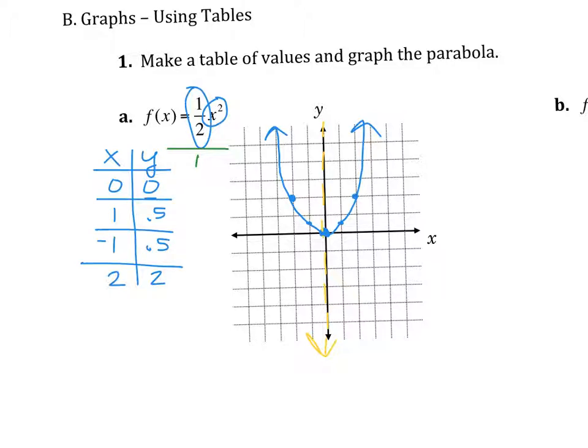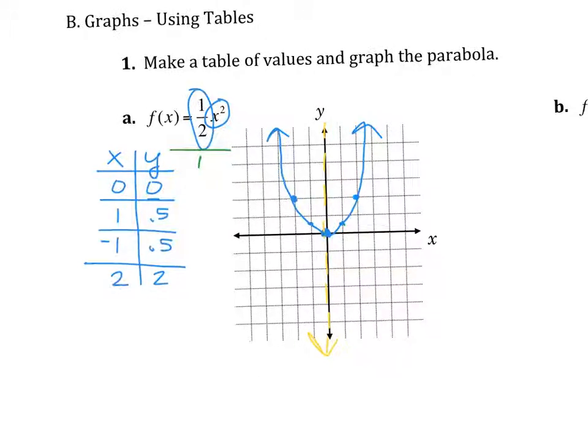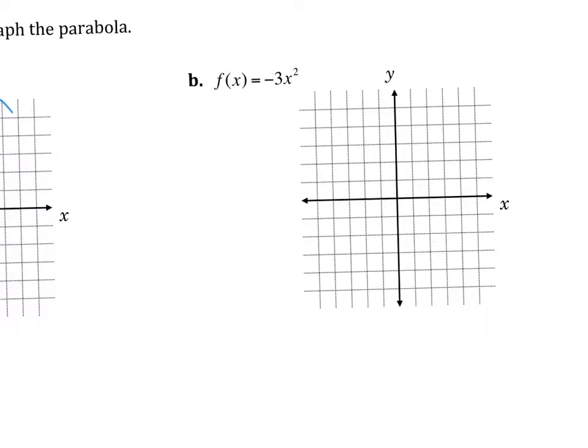You went up 1/2 and then you went over 1, but you can only do that for 1 point on either side, okay? If I were you, I wouldn't do that. When it's a fraction, it just doesn't work as nice. When it's an integer, you can always do it, but the fractions kind of throw people off. So I would just make a chart, make a table, and do it from there. Okay, next one.